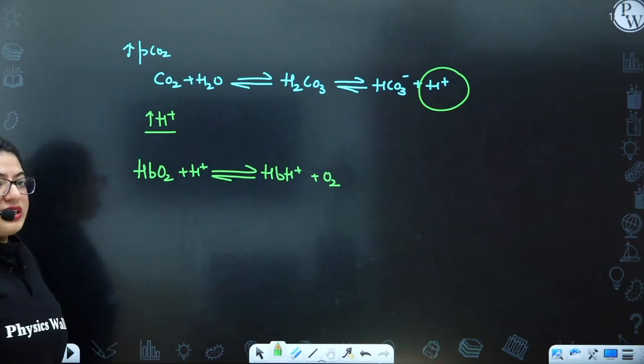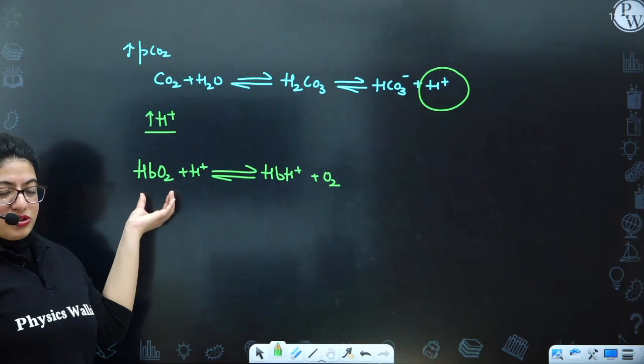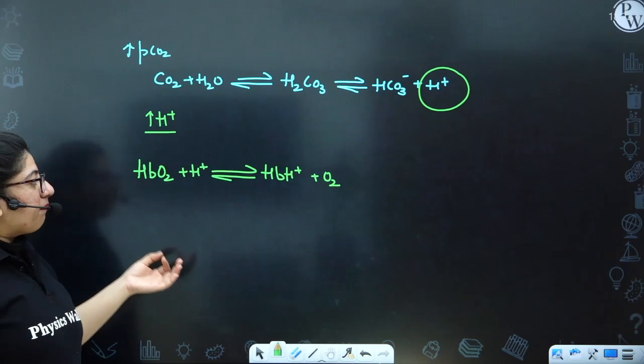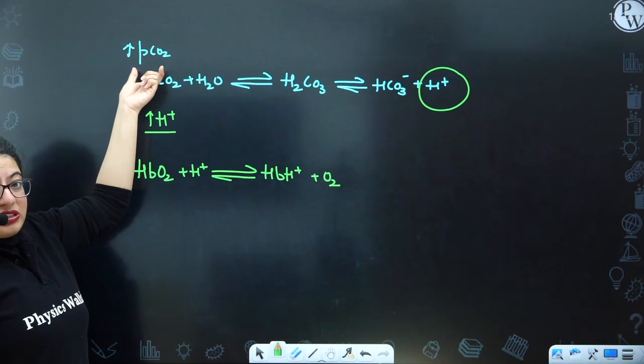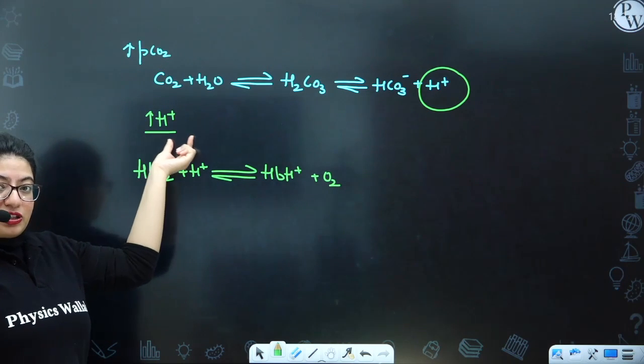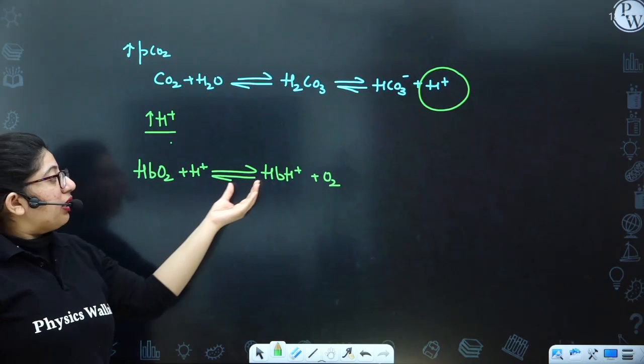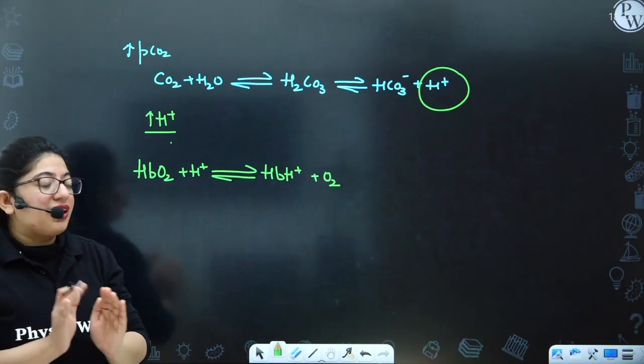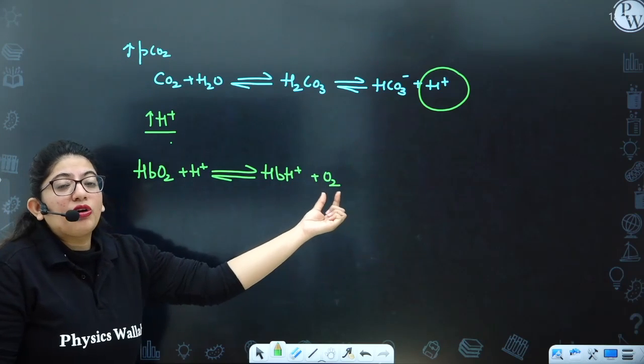So here we are talking about saturation of hemoglobin with oxygen. Whenever there is an increase in PCO2 level or an increase in H positive ion, what will happen? The oxygen will break away from the hemoglobin. As a result, you need to increase the army of oxygen.